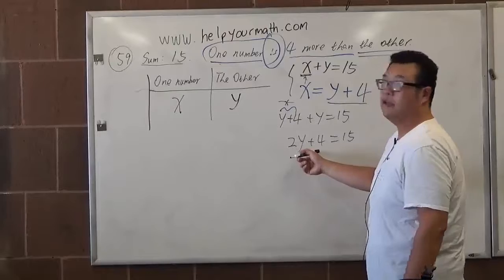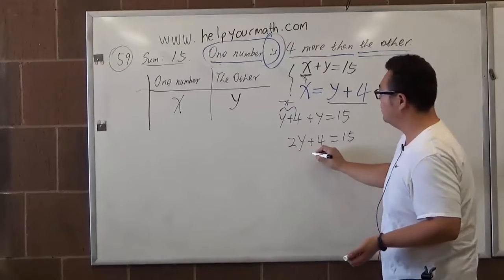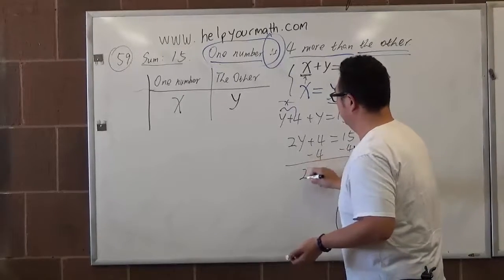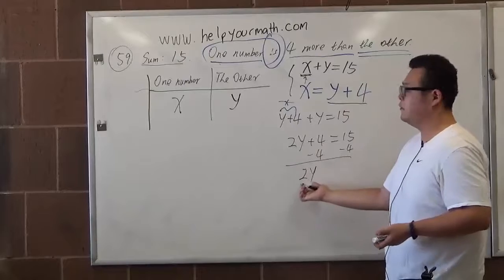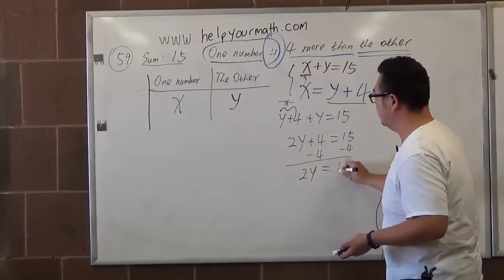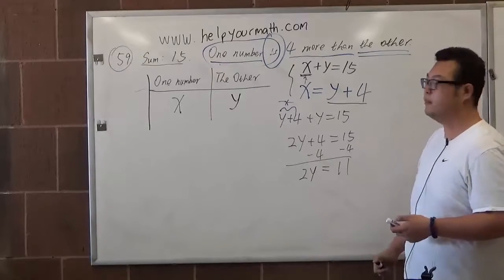We want to isolate the y. We have the extra piece, plus 4, so we take the subtraction. We'll get the variable with its coefficient in front, and the number on the right side is just a single number.